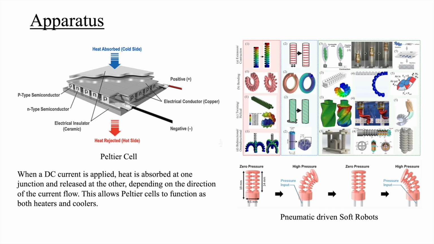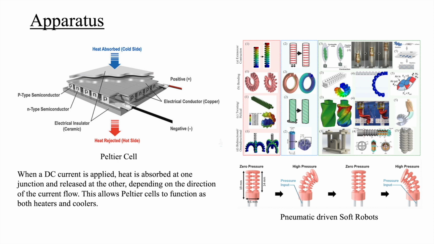Similarly, if we put a voltage across this thermocouple, heat would generate on one side, and it would become cold on the other side. These Peltier cells are made by connecting p-type materials and n-type materials in series using metallic plates. So one side of the ceramic plate becomes cold and the other side becomes hot.